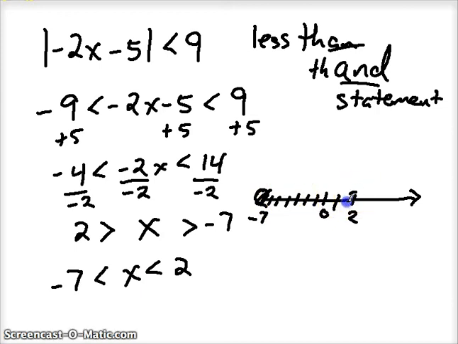An open circle at positive 2, and I want values that are less than positive 2, so point in that direction. But I also want values that are greater than negative 7, so point in that direction. So this is what an and statement looks like. It's got things shaded in between two of our outside limits or constraints.